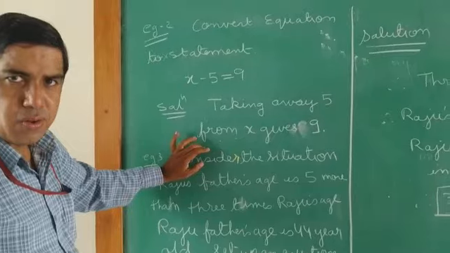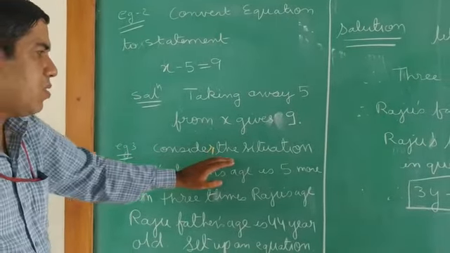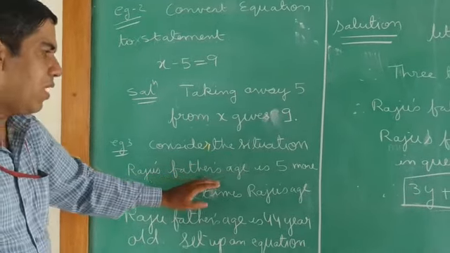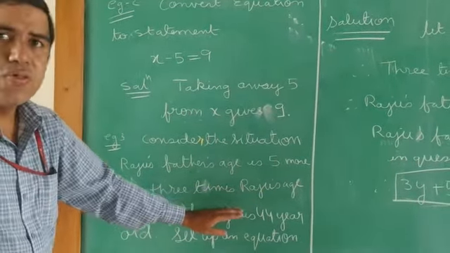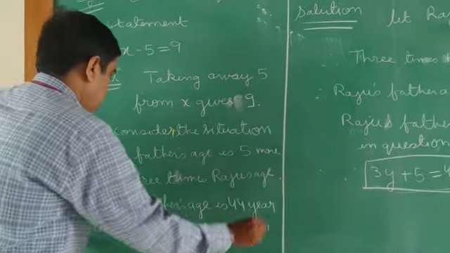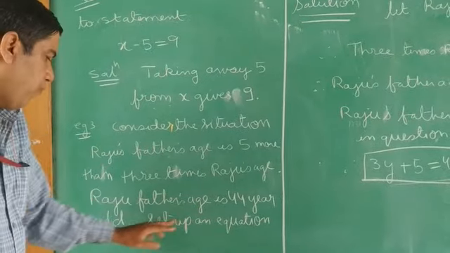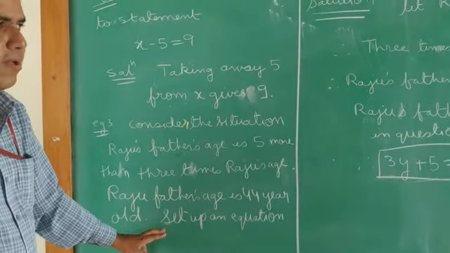So it is clear. Now in example number 3, consider the situation. Raju's father's age is 5 more than 3 times Raju's age. Now Raju's father is 44 years old. Set up an equation on the basis of the given condition. We have to make an equation.